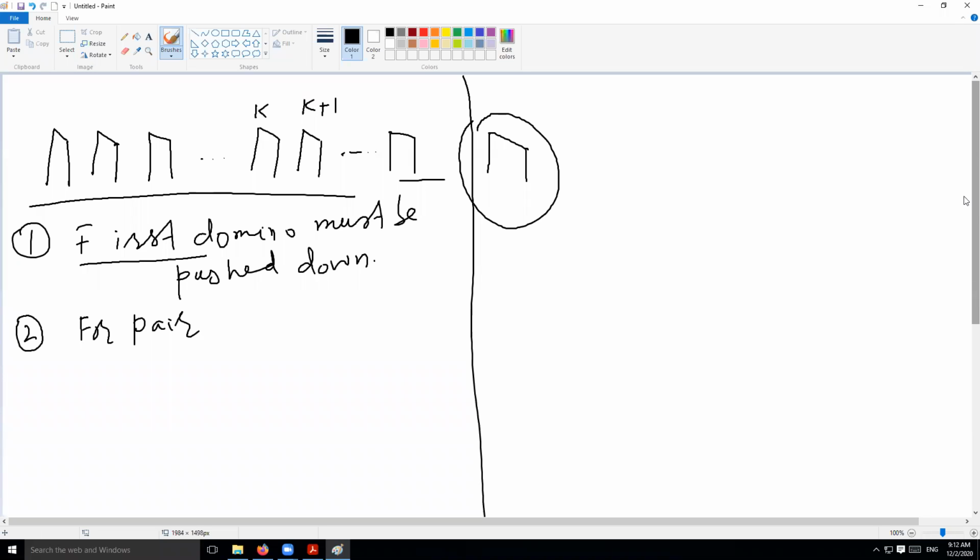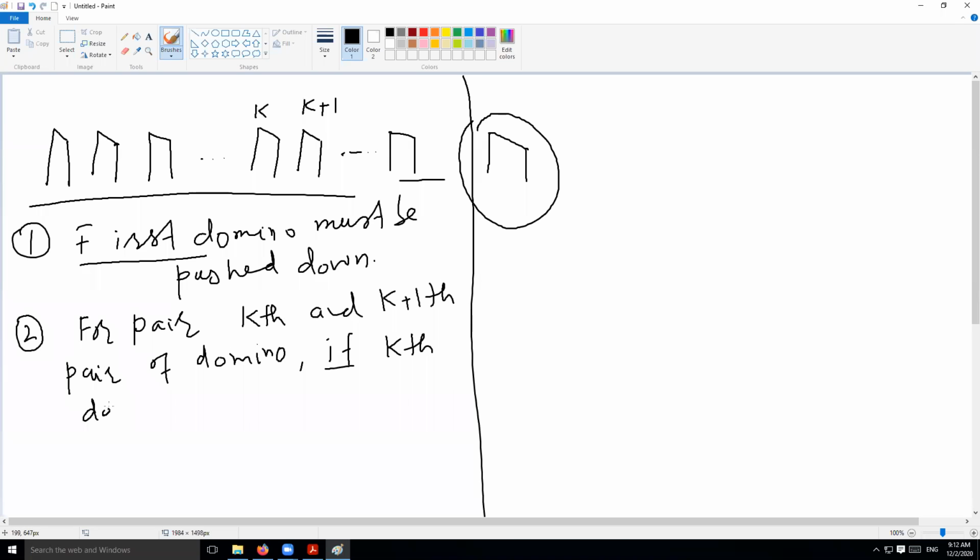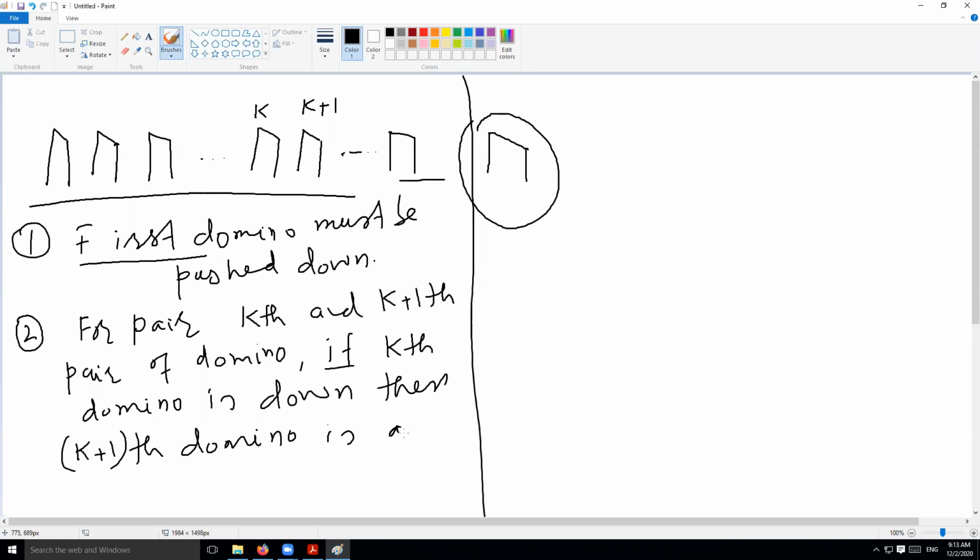For every pair, if I say that for every pair, the kth and k plus 1th pair of dominoes, if, and that's a big if, the kth domino is down, then the k plus 1th domino is also down.